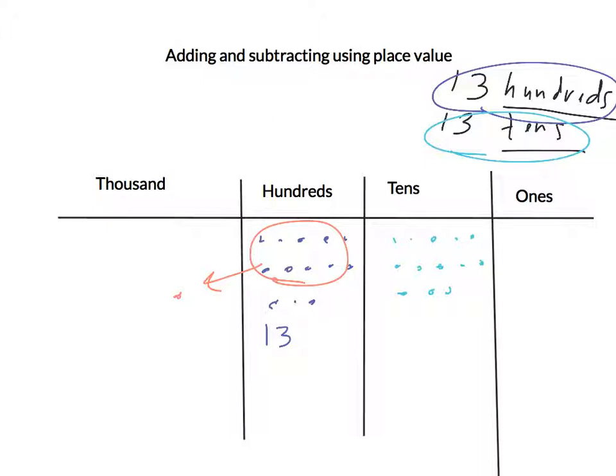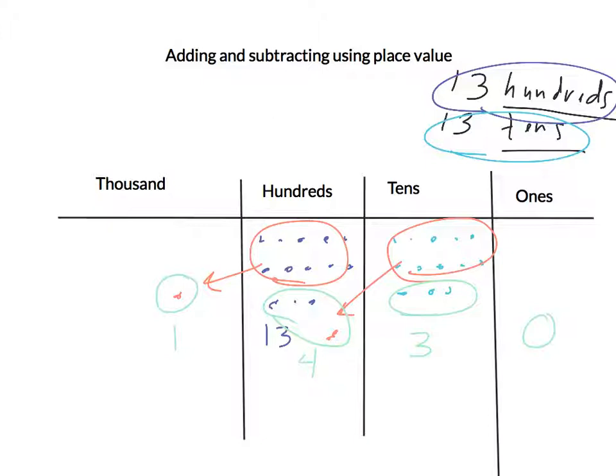We can also take these tens over to make 100. So then we're actually ending up with 1,000, 4 hundreds, 3 tens, and 0 ones.